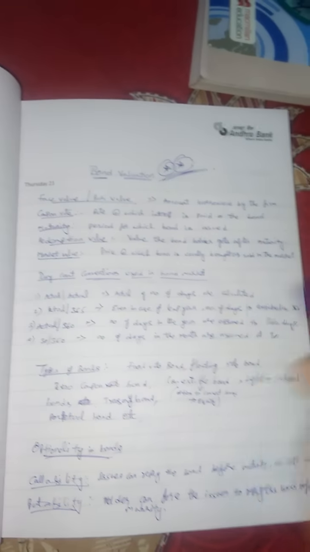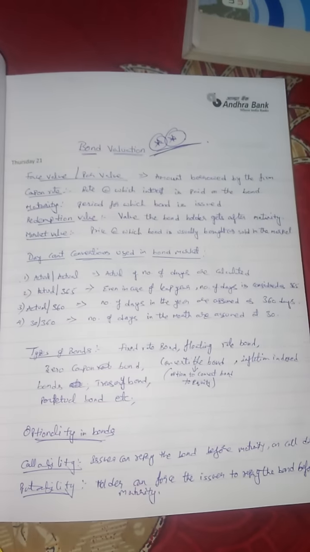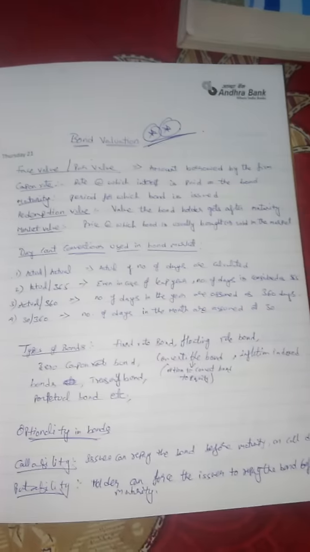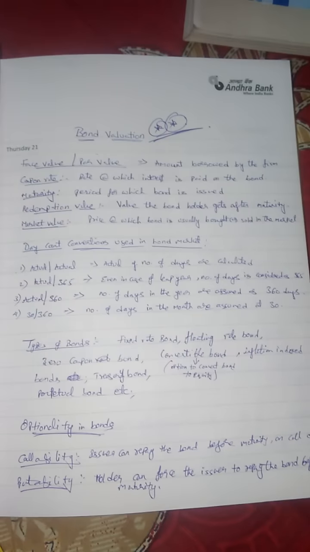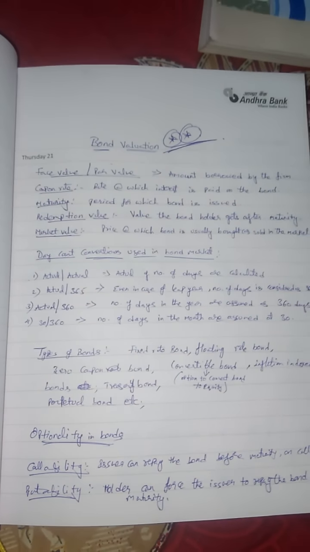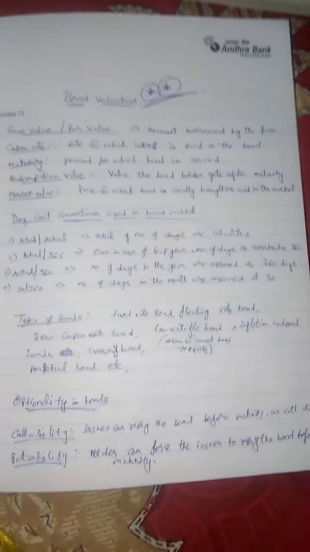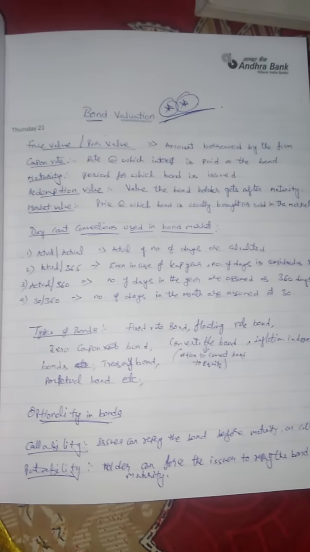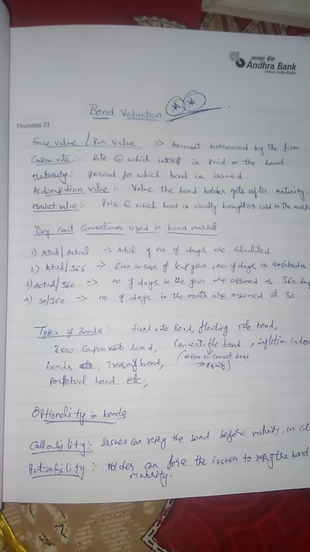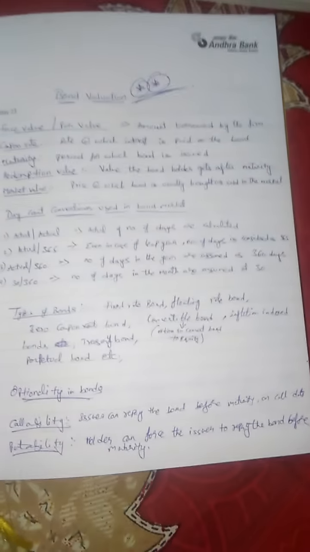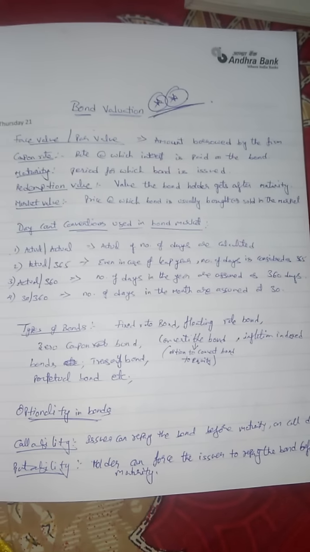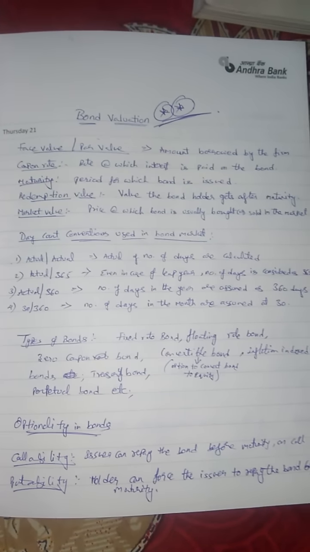A 100 rupees bond with a maturity of 3 years and a coupon rate of 10% may be bought at say 90 or 110. Depending on the rate of interest prevailing in the market, the bond will be bought at higher than the face value, lower than the face value, or equal to the face value. I can buy the 100 rupees bond at 100 or 90 or 110. The value at which I am purchasing the bond is called market value.